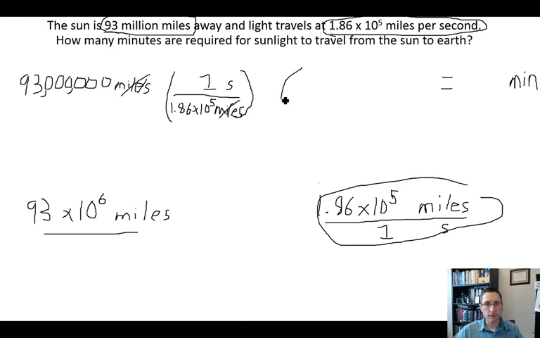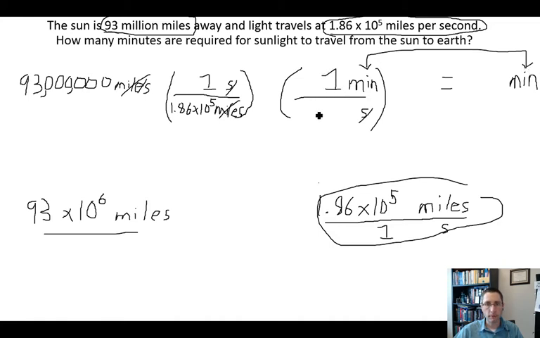Ultimately, I need to get to minutes, and I'm not told this, but I will expect you to know a relationship between seconds and minutes. Okay, I know I have to use this because right now I've gotten to seconds, and I'm going to need to get rid of seconds and get into the unit in my final answer here, minutes.